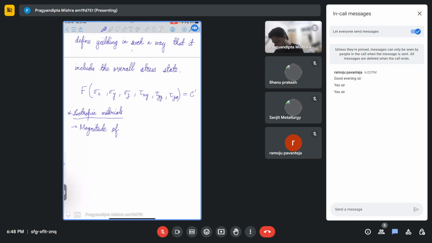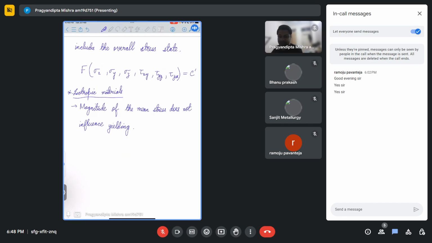Okay. So yeah, we are talking about the assumptions. The magnitude of the mean stress does not influence yielding. No Bauschinger effect.